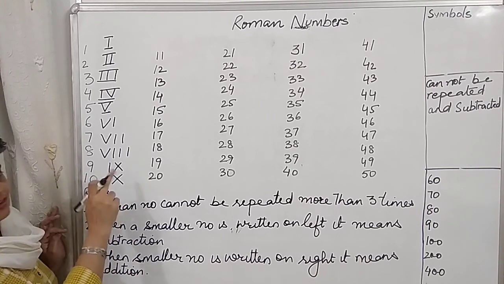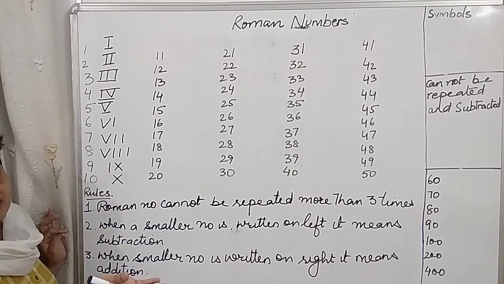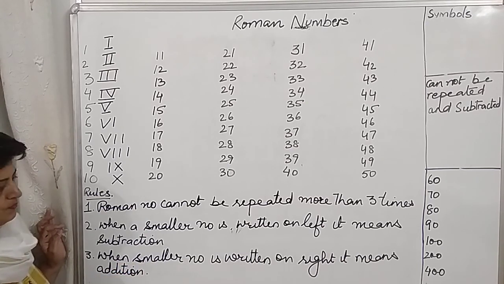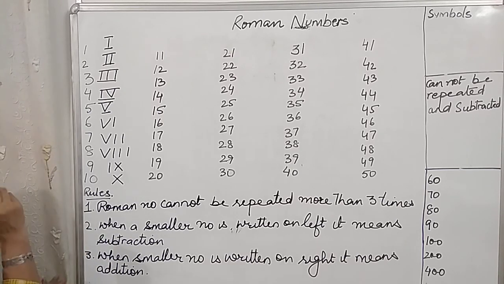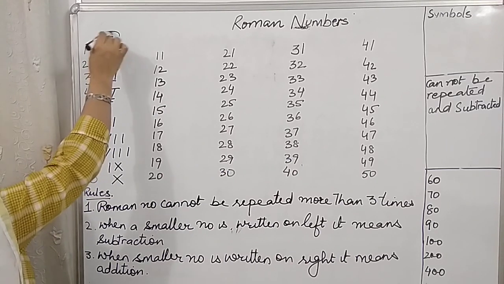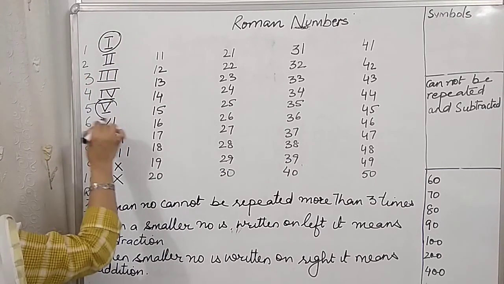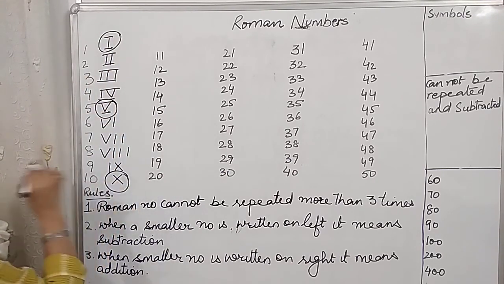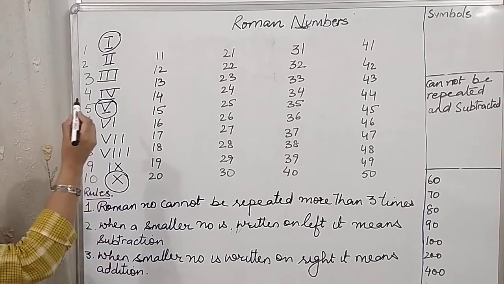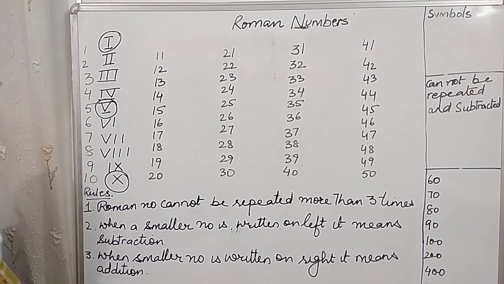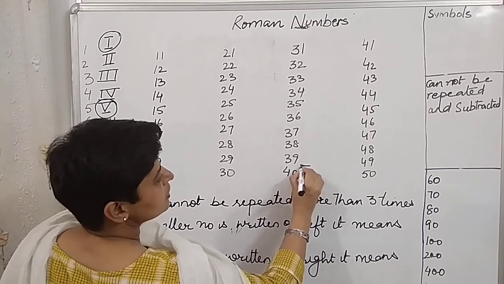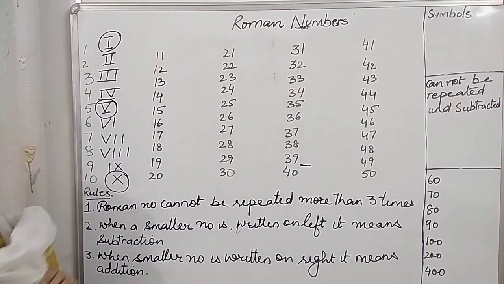And when I is written on the right of X, it becomes 11. So, now how many new symbols have been used? I, V and X. And using these 3 symbols, we will be writing the counting up to 39. Up to 39, no new symbol will be used.